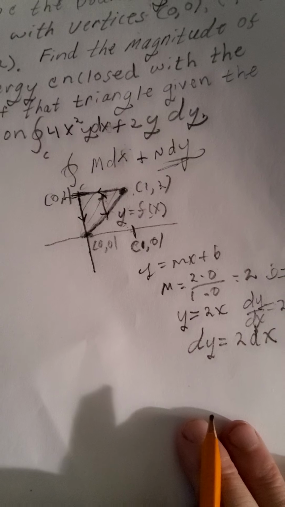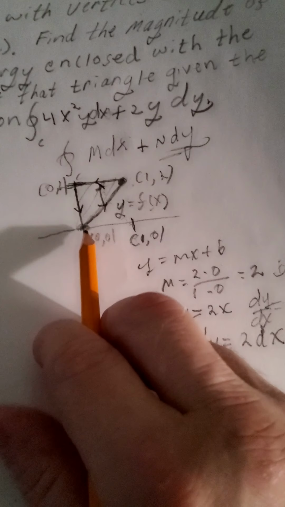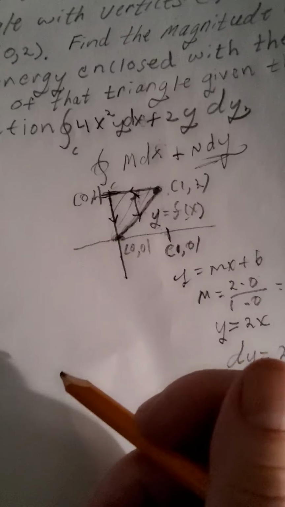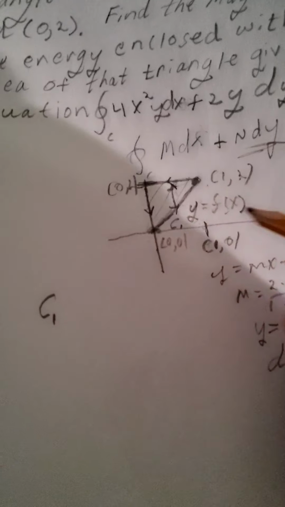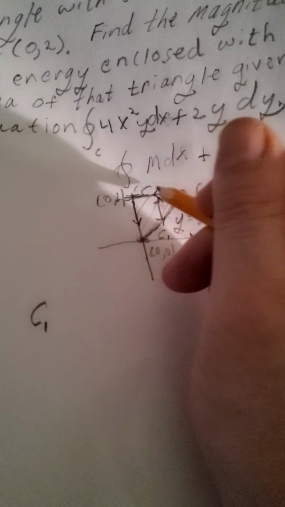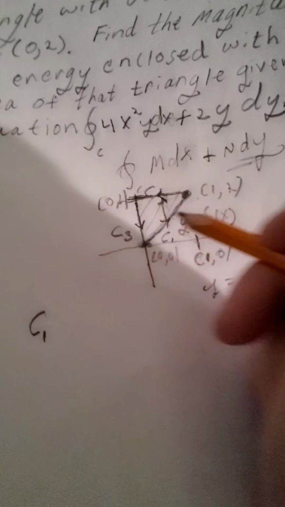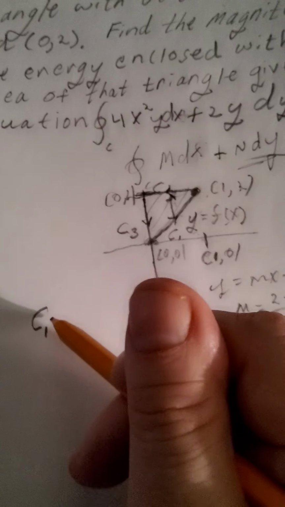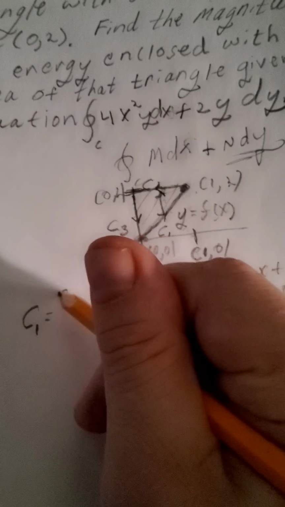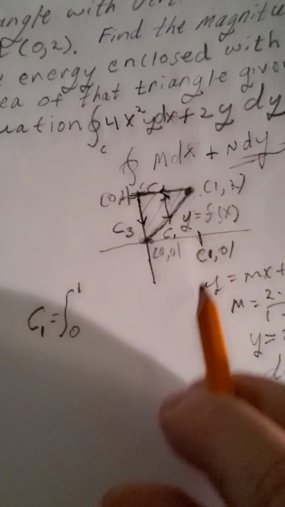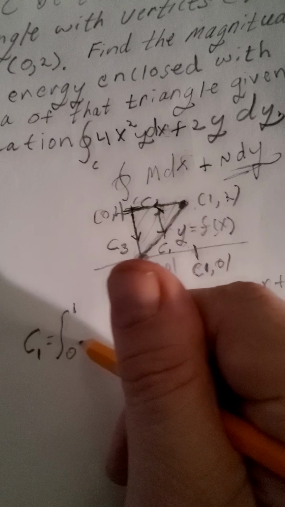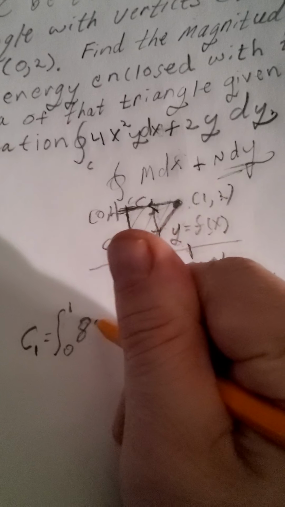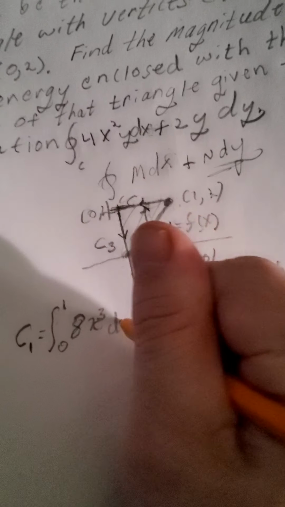We can put everything in terms of x, and we know that we're integrating from 0 to 1 along the x-axis. So call the first line C1, the second line C2, and the third line C3. Okay, so C1 is going to give us the integral from 0 to 1 of 4x squared times y. y is 2x, so I plug the 2x in there and get 8x cubed dx.